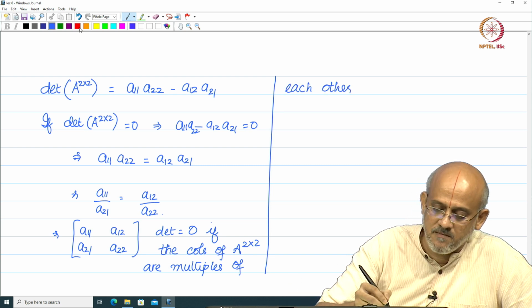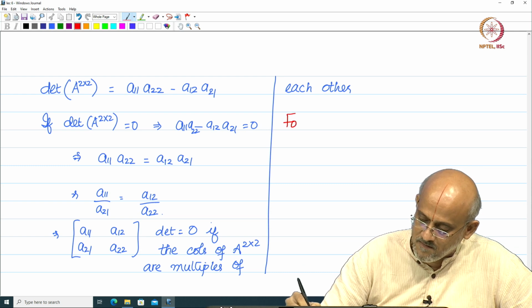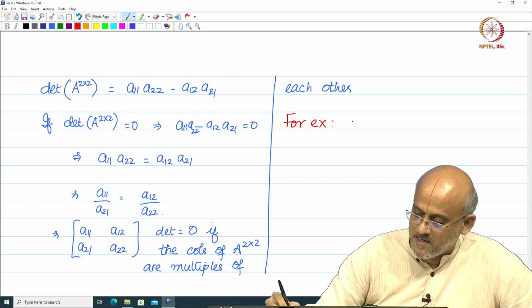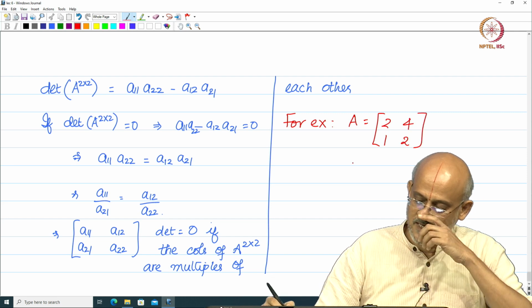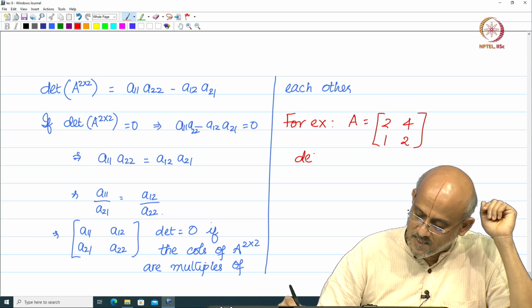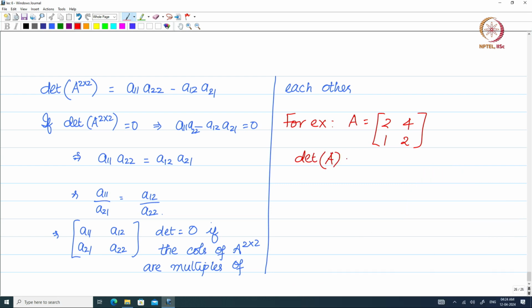Now, what do we mean by that? For example, we will take this matrix A, which is 2 1 4 2. We clearly see that the determinant of A in this case is 4 minus 4, which is 0.